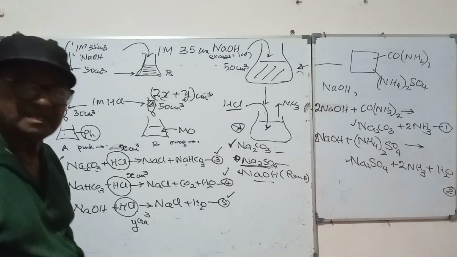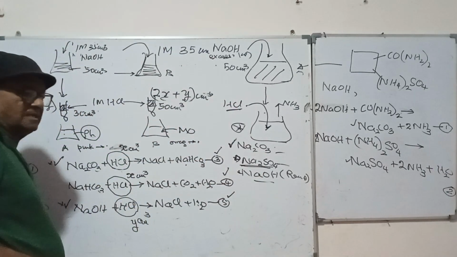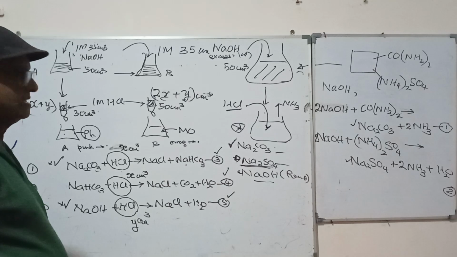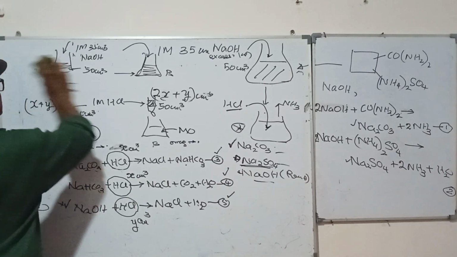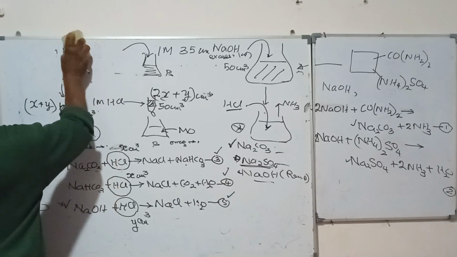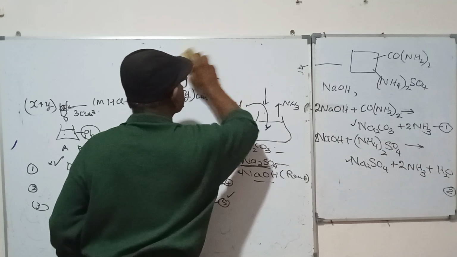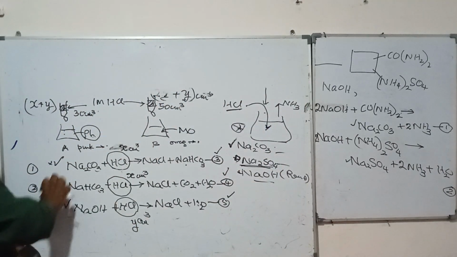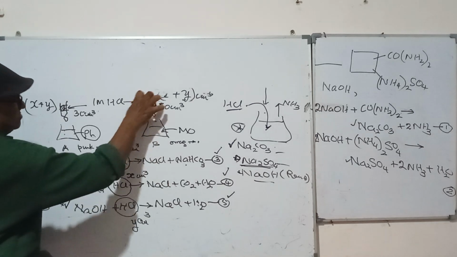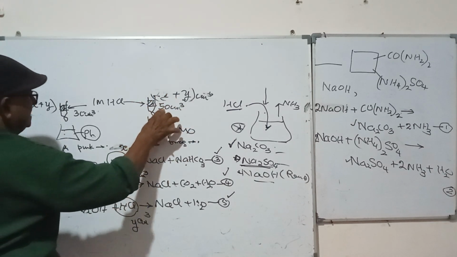Right? I think you understood up to that point. Then it is clear that we have relations. The total volume of HCl given here is 50.